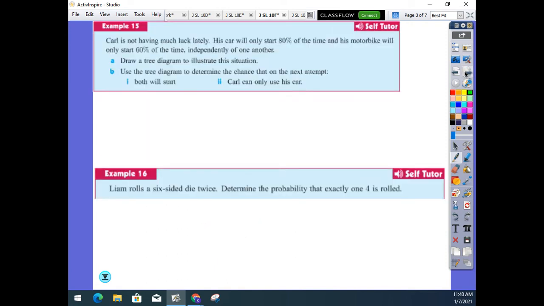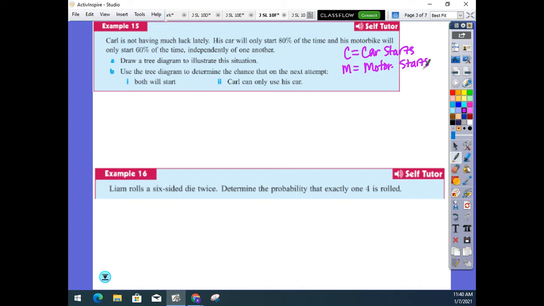Okay, Carl's not having much luck lately. His car will only start 80% of the time and his motorbike will start 60%. Draw a tree diagram. The first thing that's always helpful is to decide how you want to label or mark. Let's say C equals car starts and M is motorbike starts.